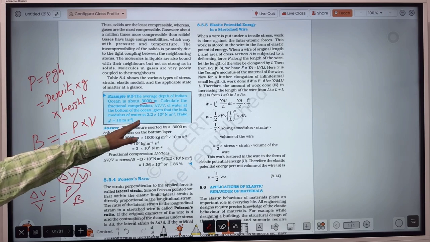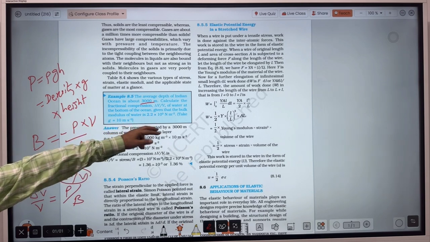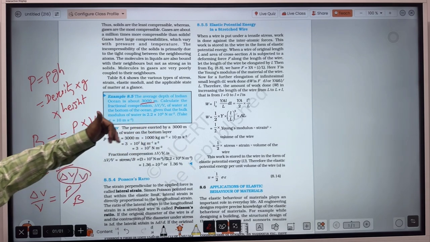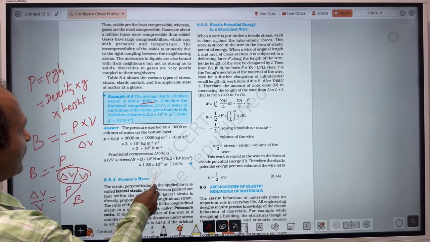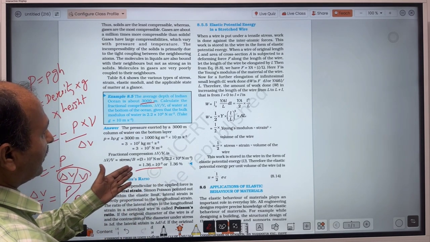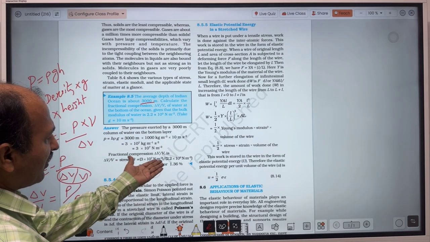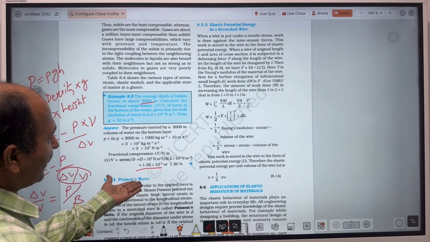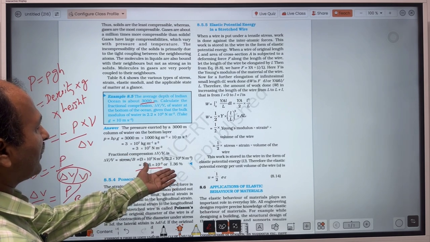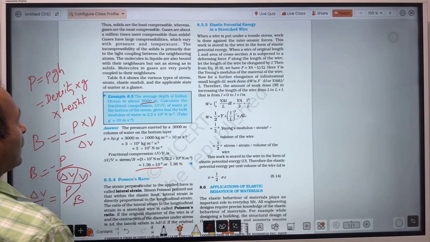Bulk modulus of the material must be given. Here it is given 2.2 into 10 power 9 Newton per meter square. Hence, you will get this much value. And if you want to say it in terms of percentage, obviously 10 power minus 2 means 1.36 divided by 100. So that would be the percentage value, 1.36%.